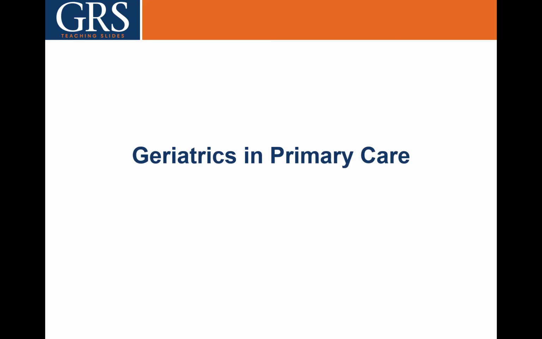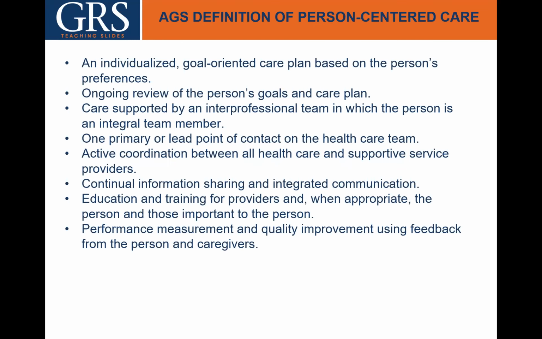So let's go back to geriatrics in primary care. Here I want to give you some more details of this one. The definition contains a lot of aspects, and it's very comprehensive.